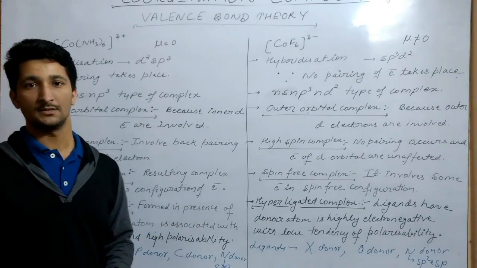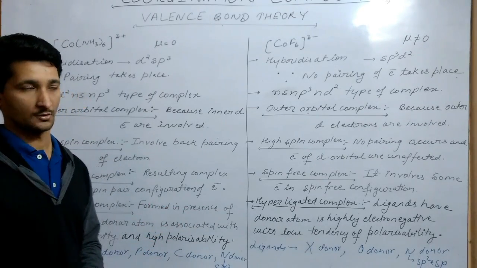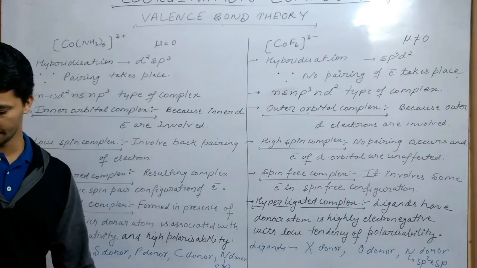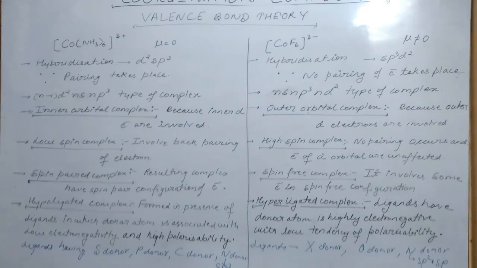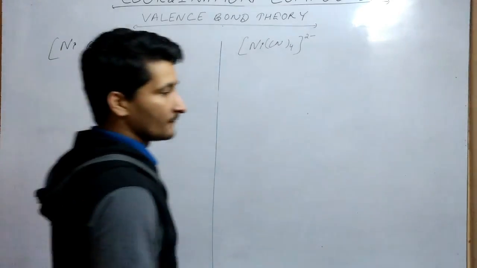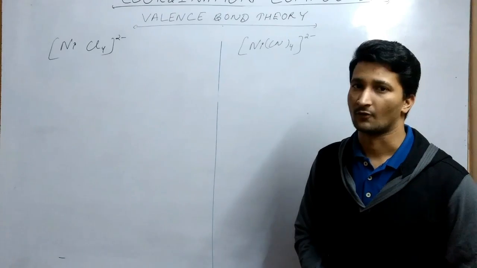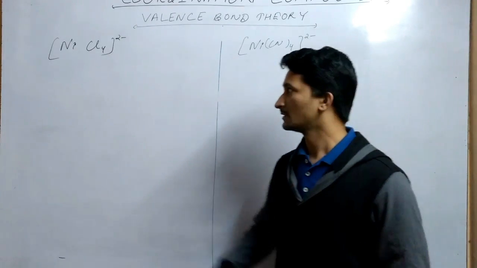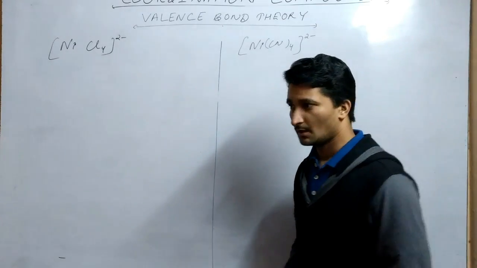And now we will discuss some hybridization involving coordination number 4. Okay, note it down fast. So now I will discuss hybridization involving coordination number 4, and for that I will take two examples, NiCl4 2- and Ni(CN)4 2-.